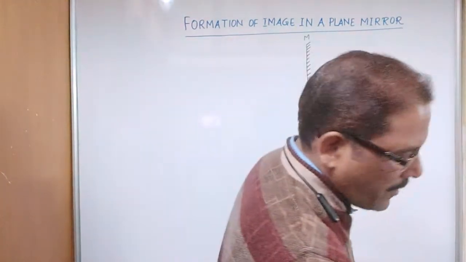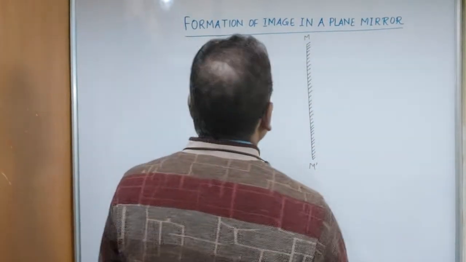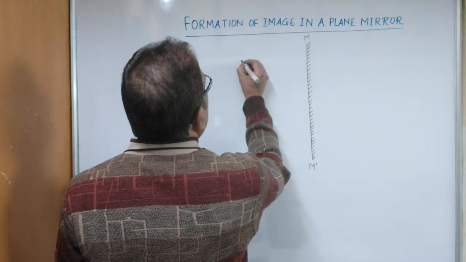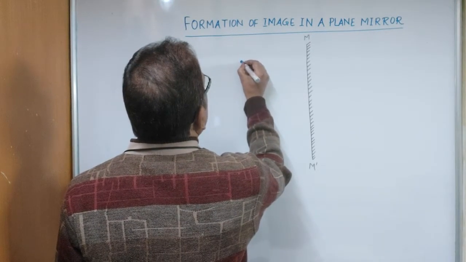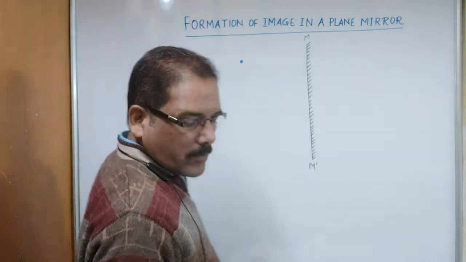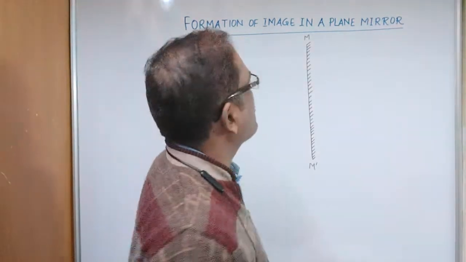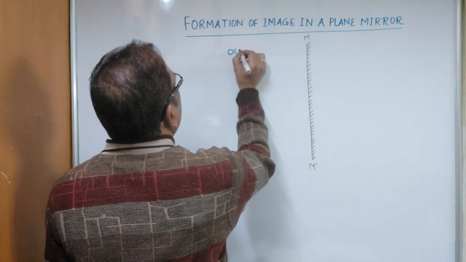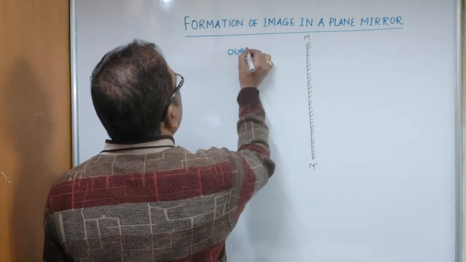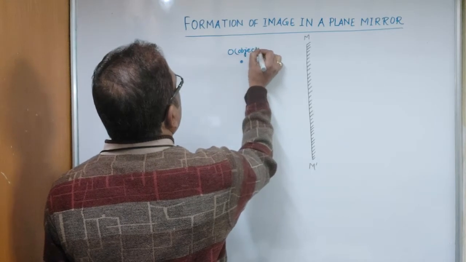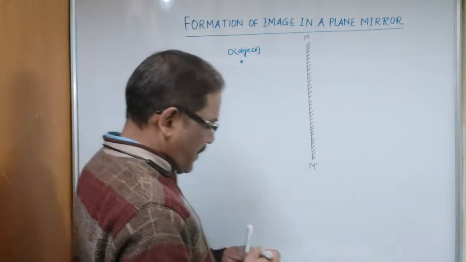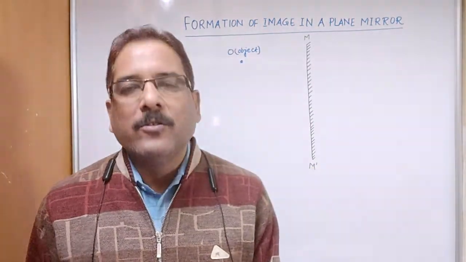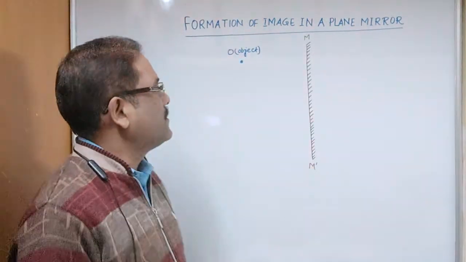Now suppose a point object is in front of the mirror. Let this be the point object. You can name this point object as O. O stands for object. Now remember, at least two light rays are required to make an image.